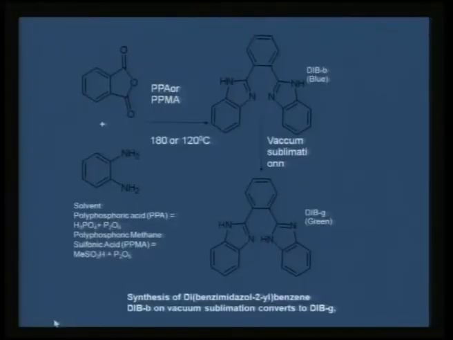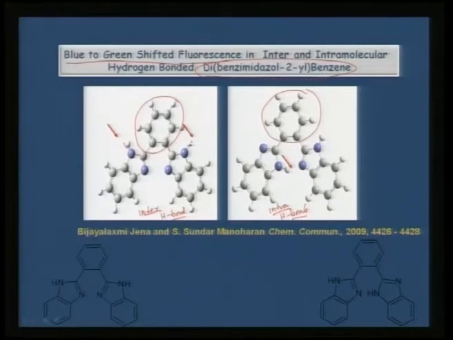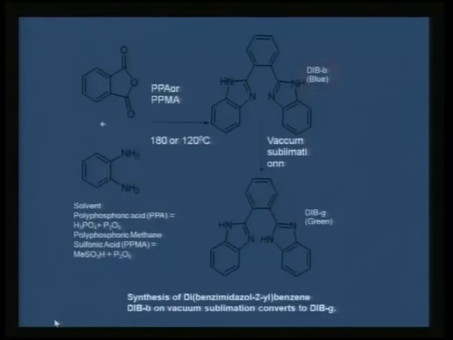Now if you take the synthesis part, as you synthesize this molecule, one would actually end up with DIB, that is dibenzimidazolyl benzene, and this compound we mark B because it gives blue color.